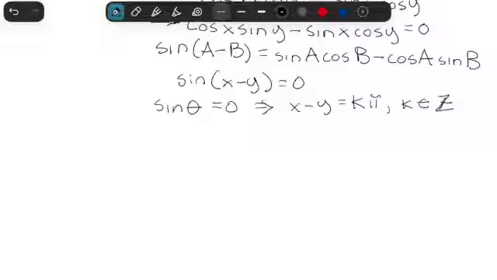All right, and let's note our domain because that's going to be relevant here. So x is greater than 0 and less than pi over 2. And same thing for y.